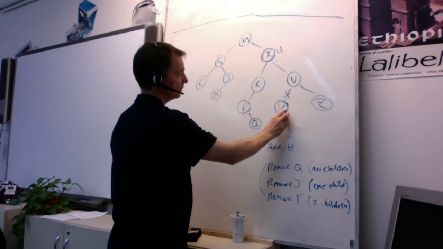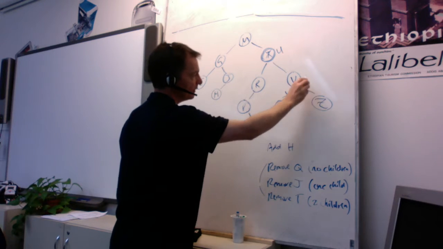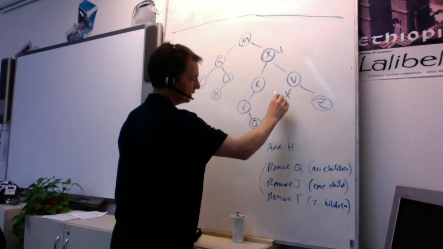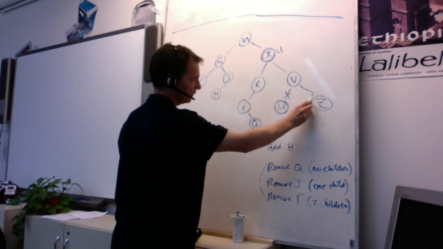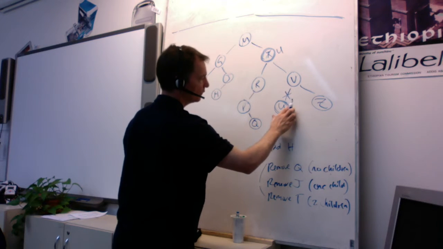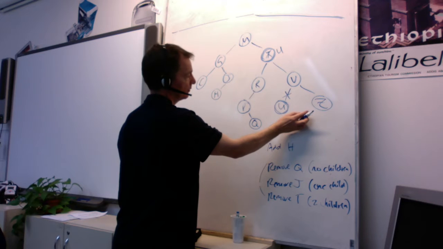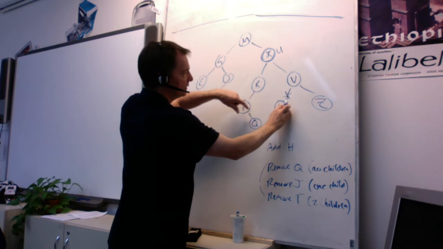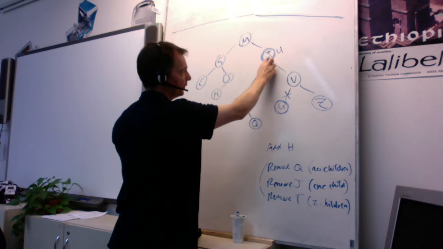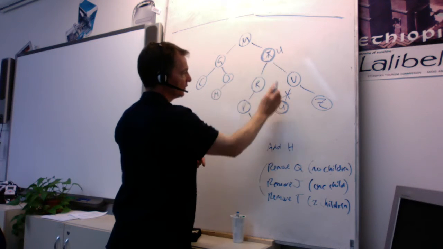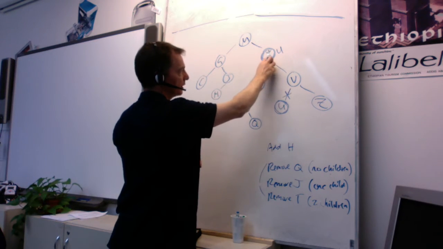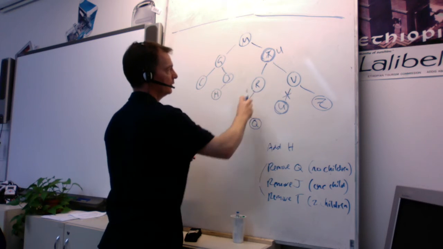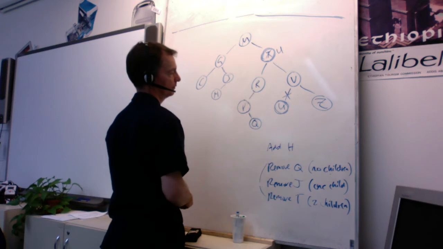Let's start with the U. Everything over here is greater than the U. That's greater than the U. Everything over there is greater than. So if we move this up, everything's still greater than. But this was still greater than the old thing that we wanted to delete. So if we move it up here, it's still going to be greater than everything there. U is greater than R and P and Q.